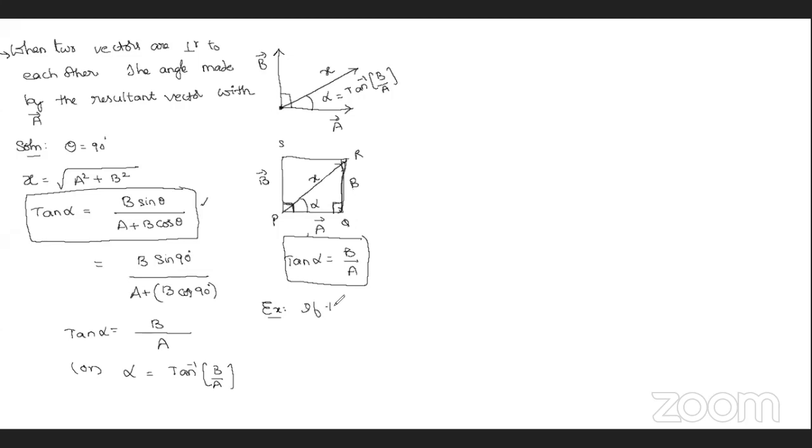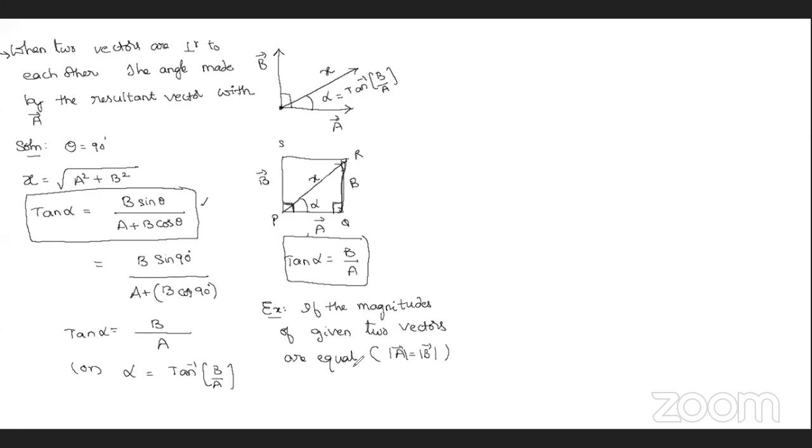If the magnitudes of given two vectors are equal, means he is saying that mod A equals mod B. Magnitudes are equal, A equals B. Alpha 45 degrees, sir. That's what I'm asking.